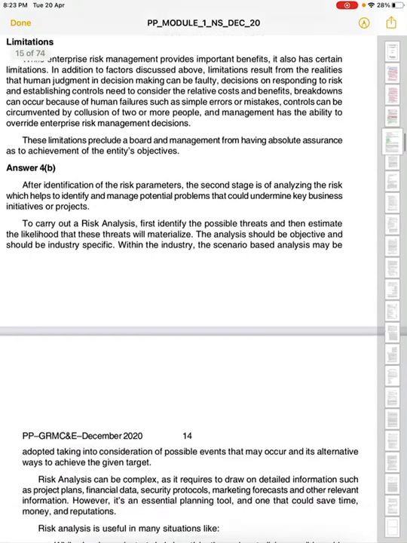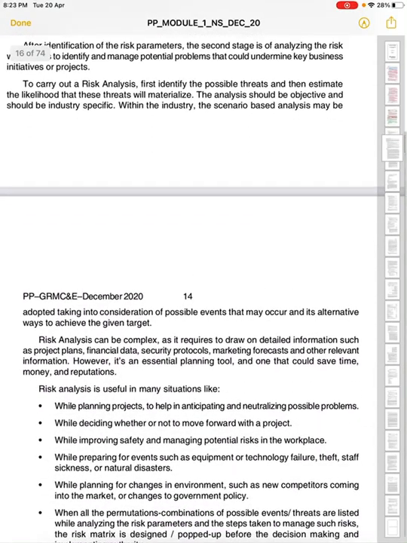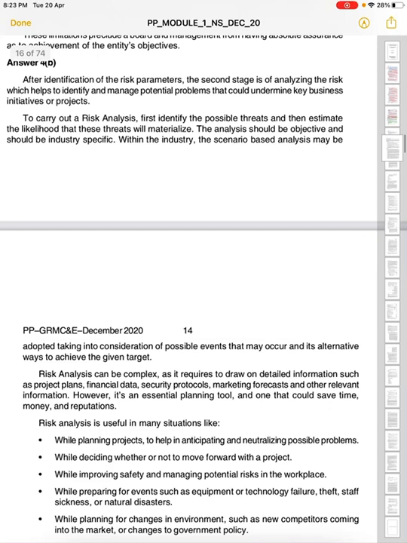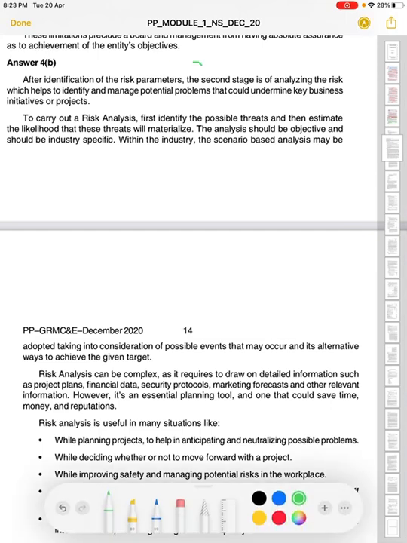So the answer for this question is here: after identification of the risk parameters, the second stage is analyzing the risk, which helps to identify and manage potential problems that could undermine key business initiatives or projects.